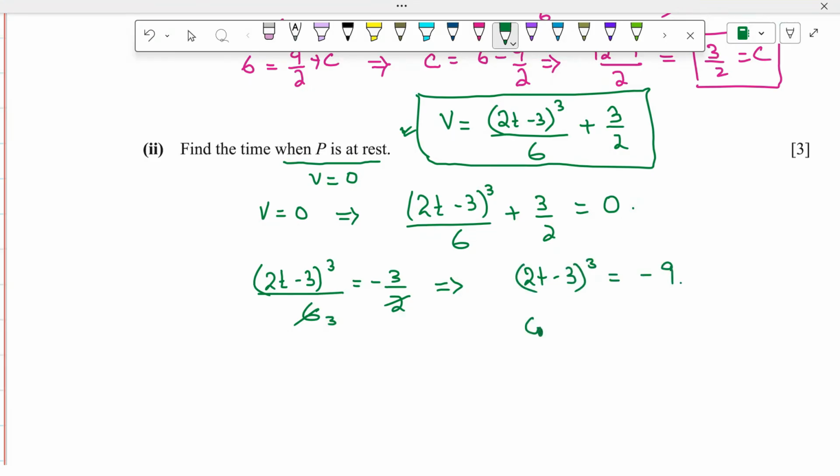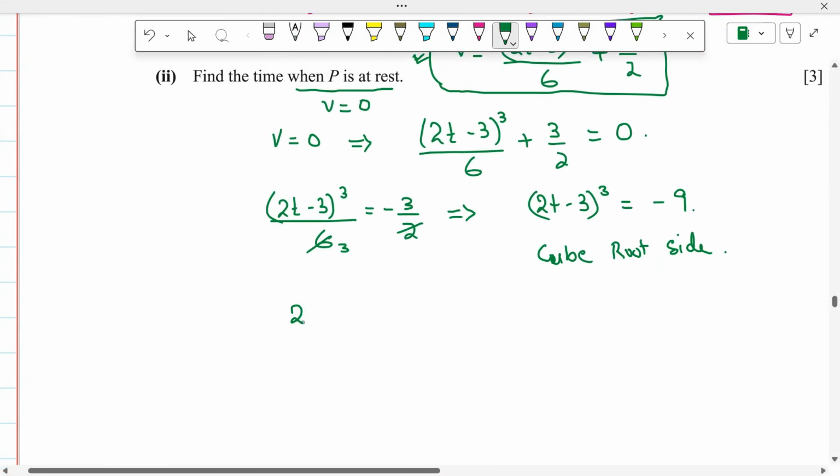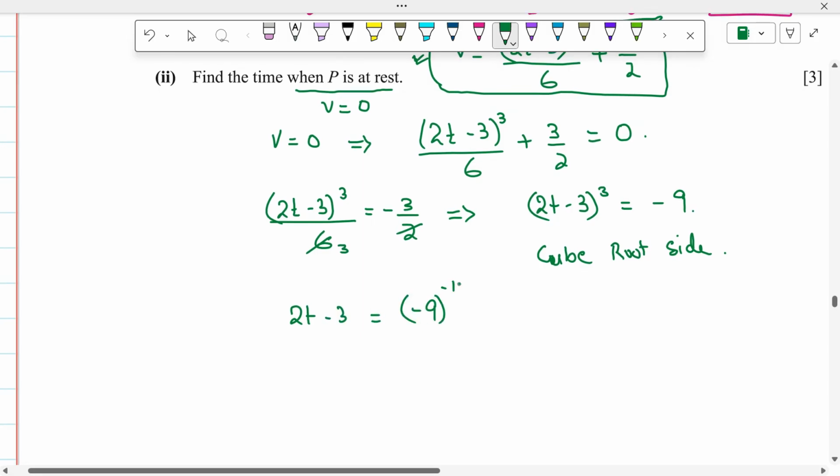Cube root both sides. So we can say that 2t - 3 is equal to (-9) to the power 1/3, and this is equal to negative 2.08.